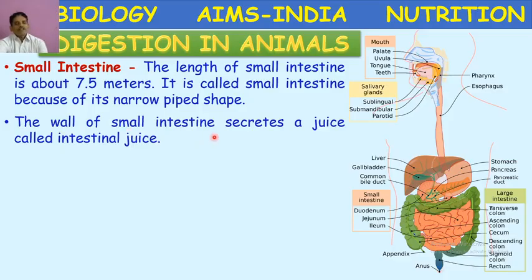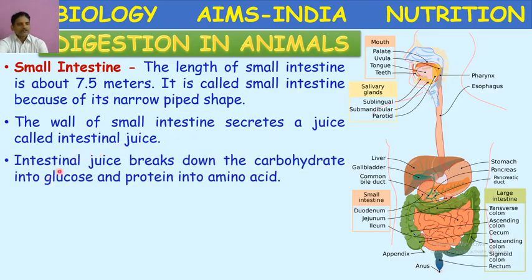Next, the wall of small intestine secretes a juice called intestinal juice. A group of enzymes is present in this intestinal juice. This intestinal juice is also called succus entericus. Intestinal juice breaks down the carbohydrates into glucose and proteins into amino acids.